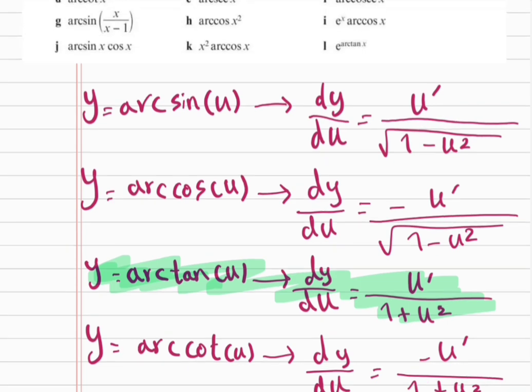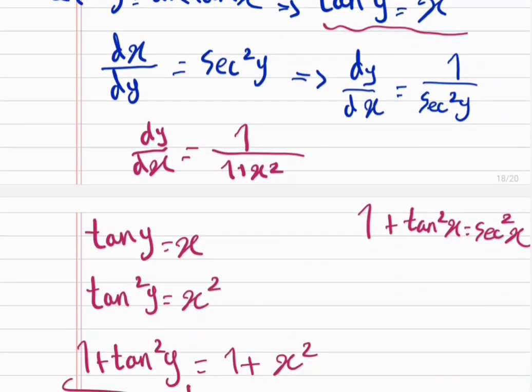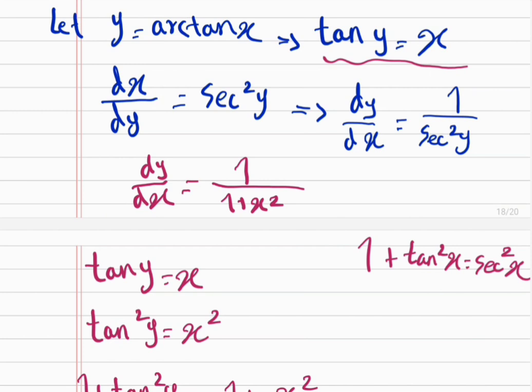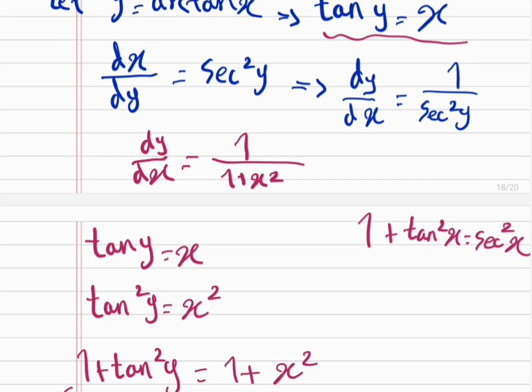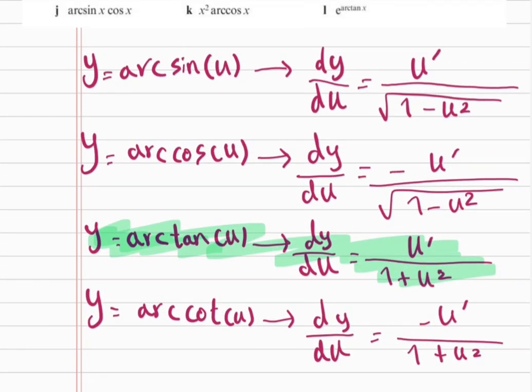I'm just saying the textbook is not giving you the full information because it has just written the formula for a very specific case. It hasn't written it for the general case. It has written it for the case when your function is x, and obviously the derivative of x is just 1. So that's why 1 is in the numerator, and in the denominator you have just the function squared, which is x squared. So it's a very specific case, whereas the general form is like this.